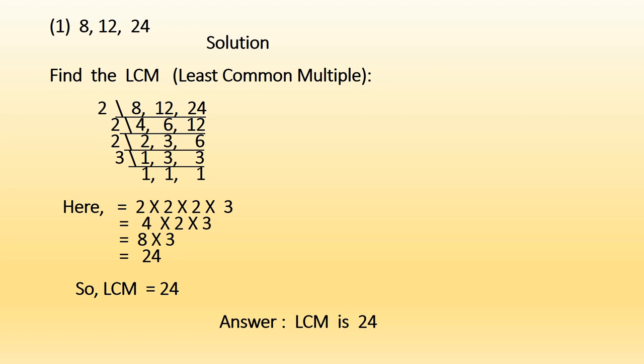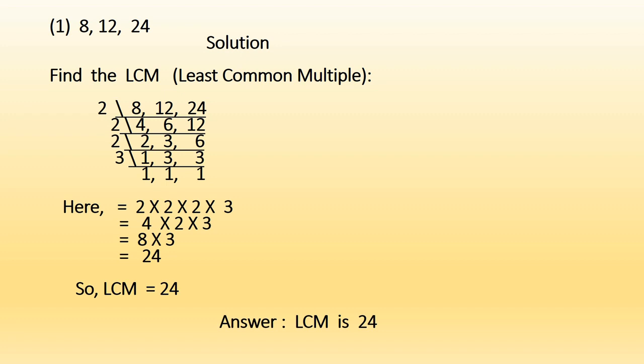Now we cannot divide the numbers by 2 because all are odd numbers. So we divide by 3. The answer will be 1, 1 and 1.